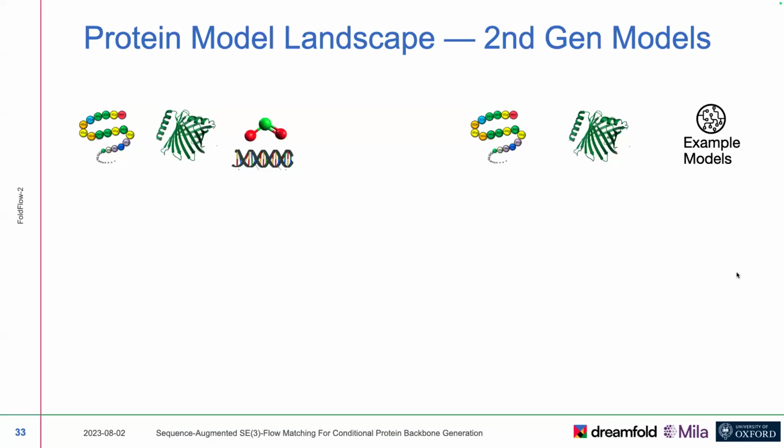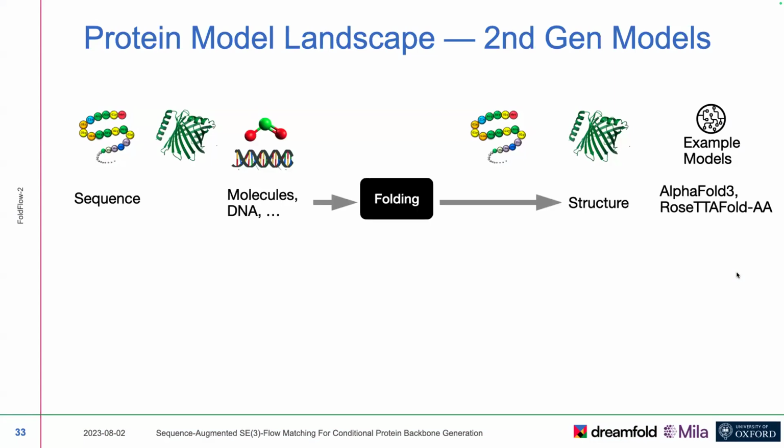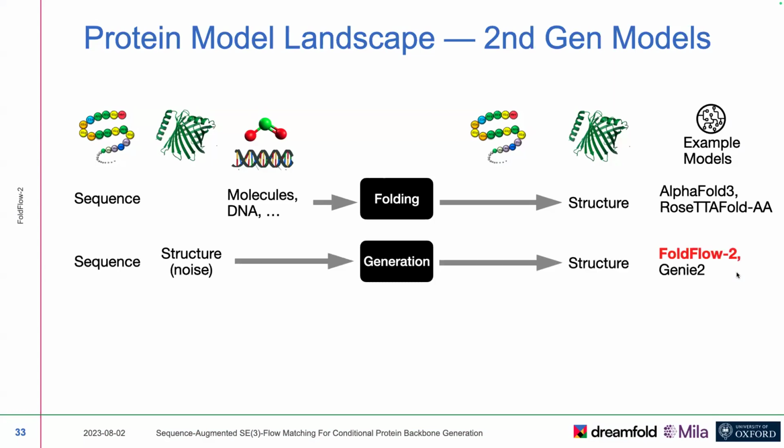Okay, a quick recap. At the beginning, we talked about the ML landscape in protein design that was really specific to some modalities. And now what we see more and more is combining these modalities for folding, generation, and inverse folding. For example, AlphaFold 3, RoseTTAFold, or Atom use sequence, molecule, and DNA information, and fold it into structure.